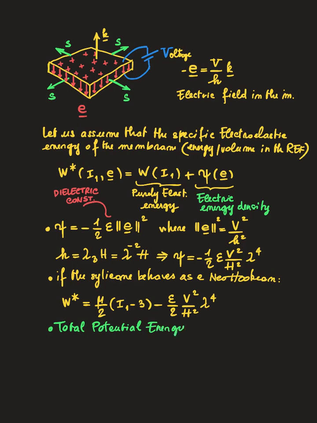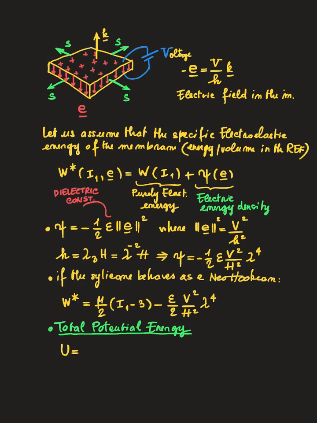What is this? Well, you remember, the total potential energy is given by the integral of the internal energy minus the work. Let's do it. So the total potential energy U will be equal to what? Well, first of all, don't forget, this is just the specific energy, so this is energy per unit volume. What is the volume of this object here?